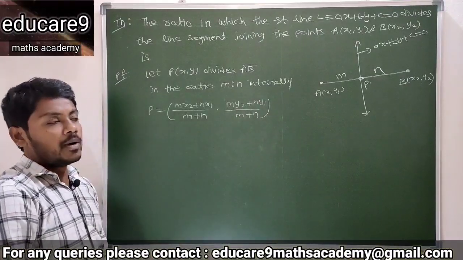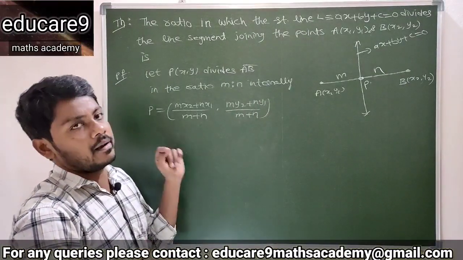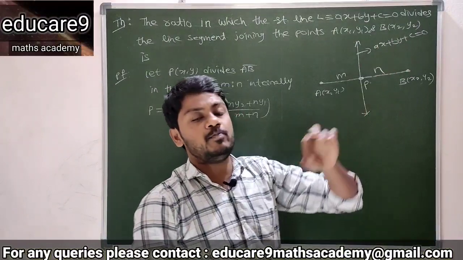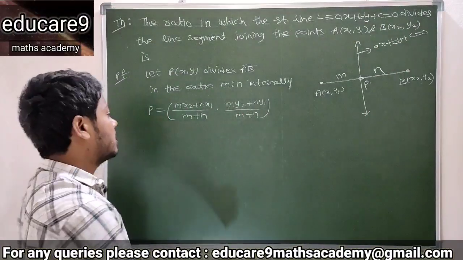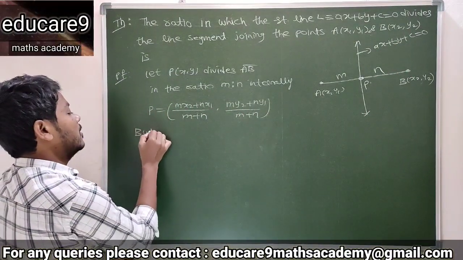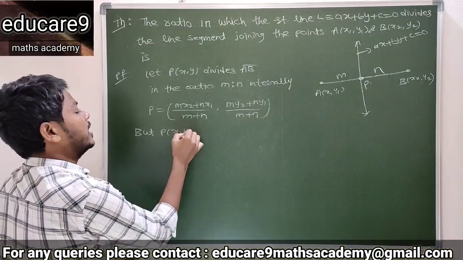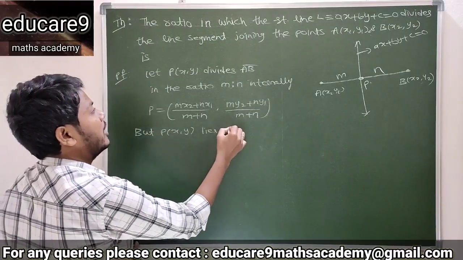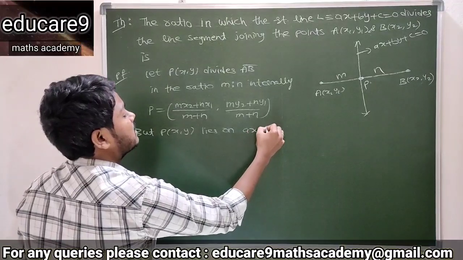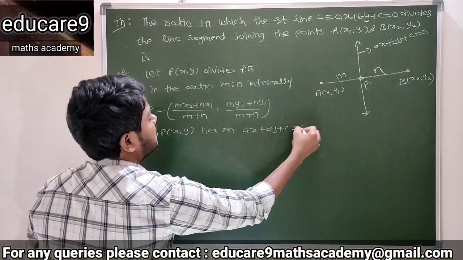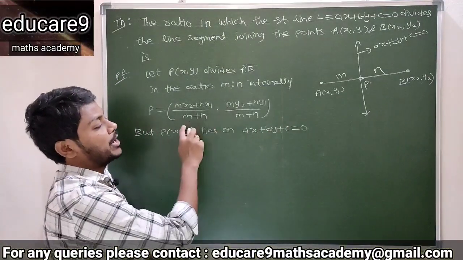But P lies on the line ax plus by plus c equals 0. So substitute the x and y coordinates here.